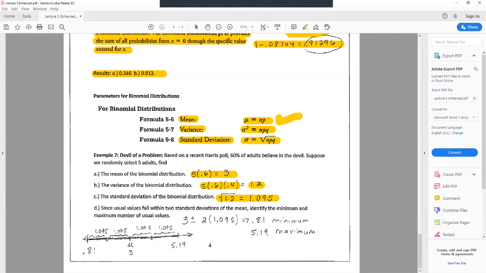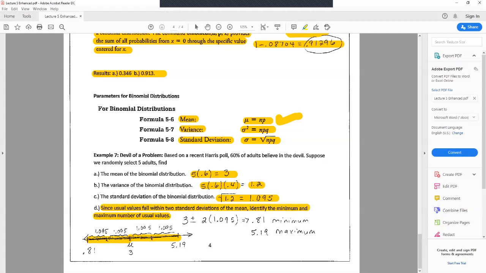And finally, on part D, since usual values fall within 2 standard deviations of the mean, identify the minimum and maximum number of usual values. Remember that values are considered usual if they are within 2 standard deviations of the mean in both directions.